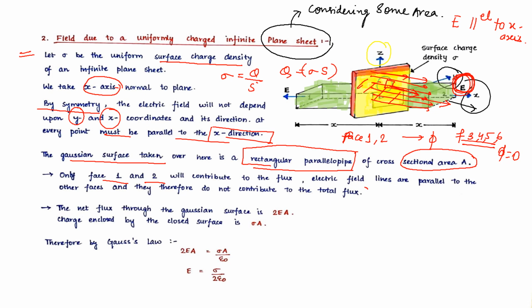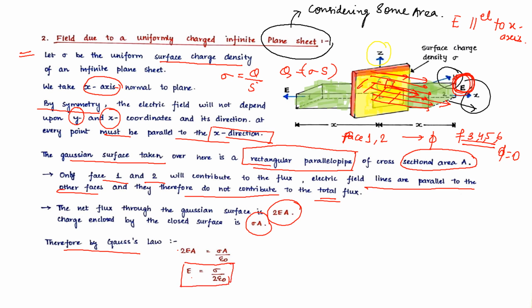Electric field lines are parallel to the other faces and therefore do not contribute to the total flux. The net flux through the Gaussian surface is 2EA. Charge enclosed by the closed surface is sigma A. Therefore, by Gauss's law, 2EA equals sigma A upon epsilon naught, so E equals sigma upon 2 epsilon naught, which is the amount of electric field we are having.